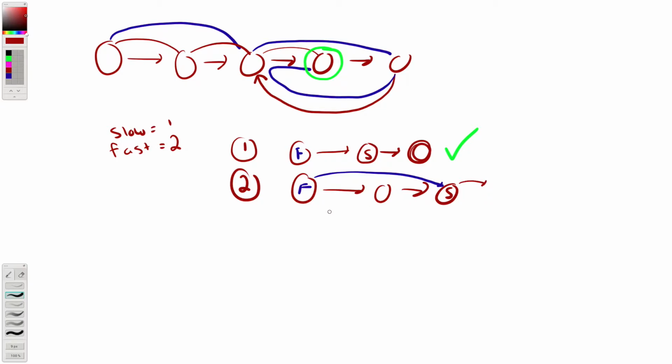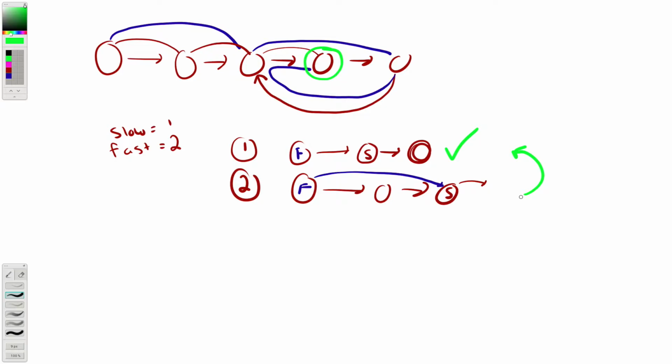And then we have exactly the same case as before. What you can see with intuition is that every iteration, the fast one creeps up on the slow one by 1. The fast one just can't skip over the slow one.